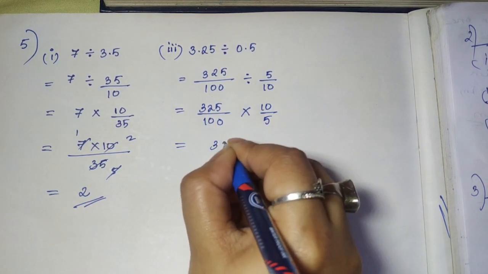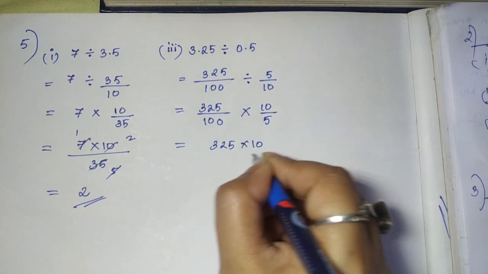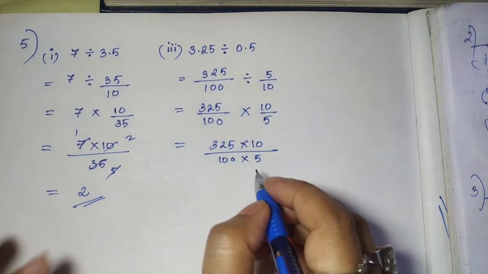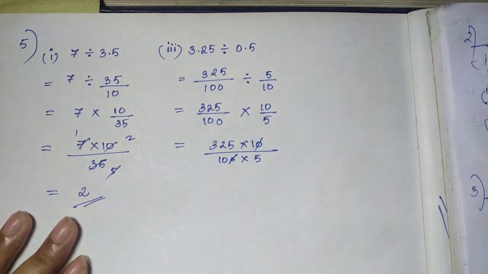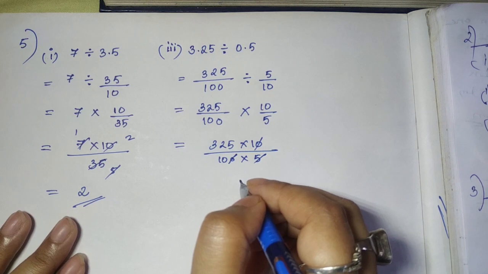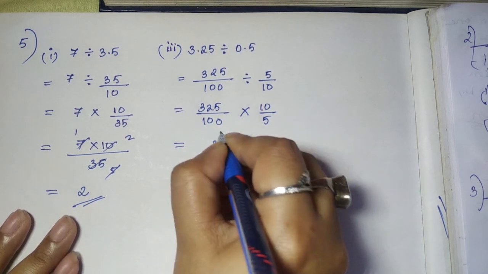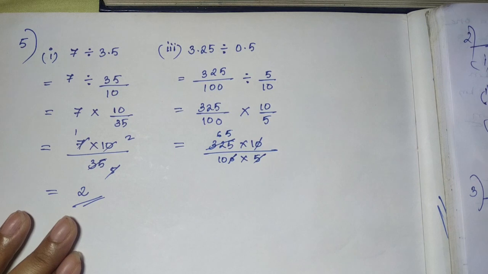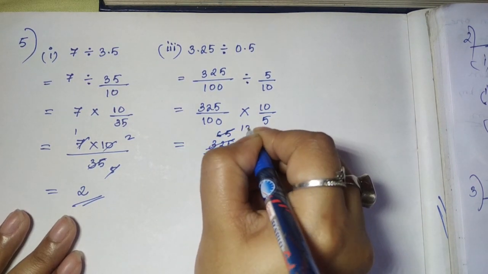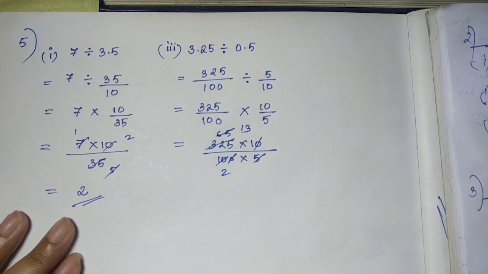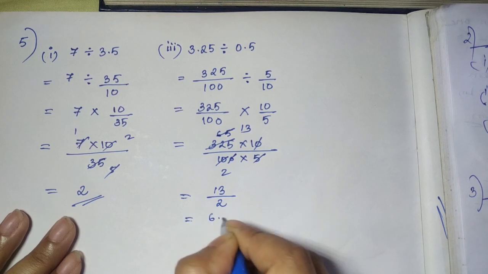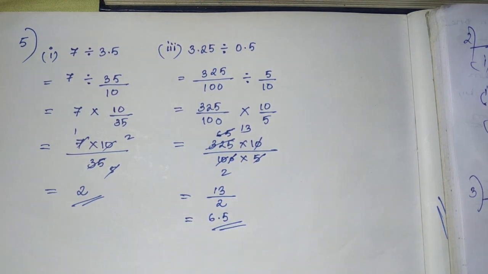So now multiplying the numerators and the denominators. Let's see if it gets cancelled. First 10 and 10 get cancelled. Here if you can see 5, okay, 65, right? Again 5 2s are 10, 5 13s are 65, right? So if you cancel, you will get 13 by 2. If you divide it further, you will get 6.5. The answer is a decimal number.